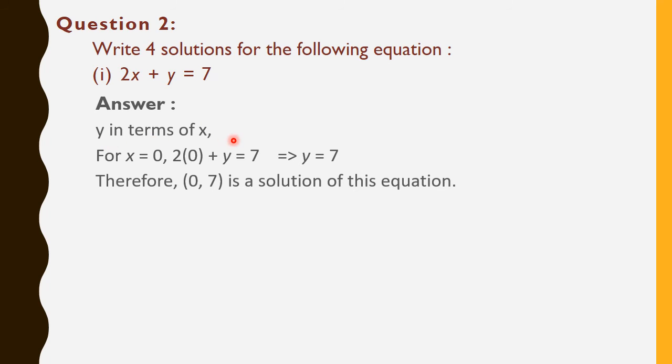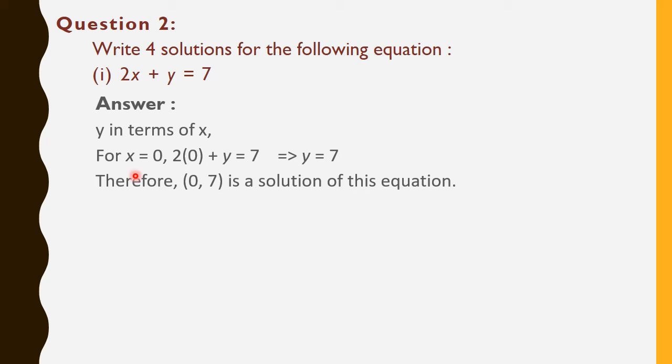We'll substitute a value of x and find the value of y from here. So the equation will be y equals 7 minus 2x, right? y equals 7 minus 2x.